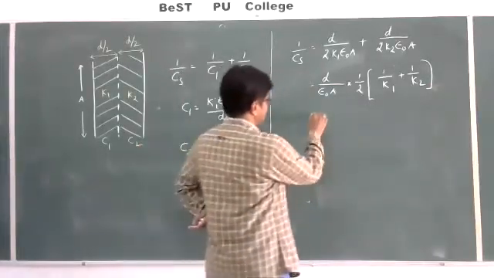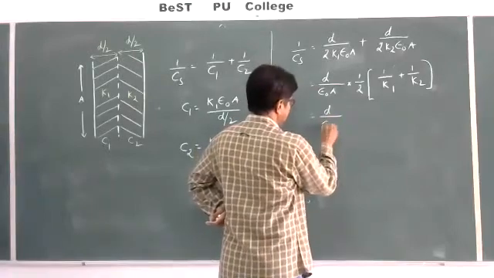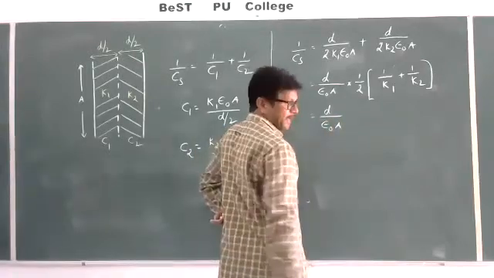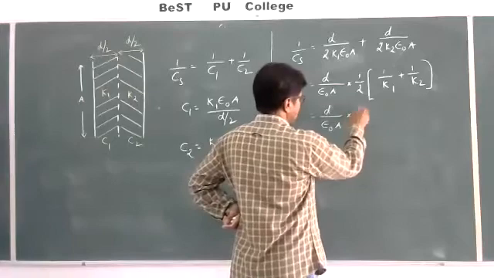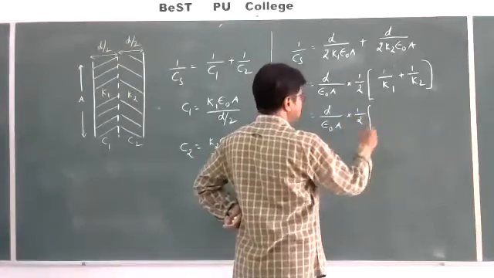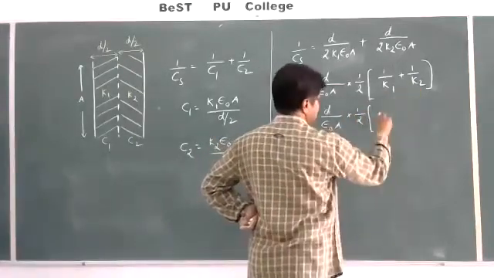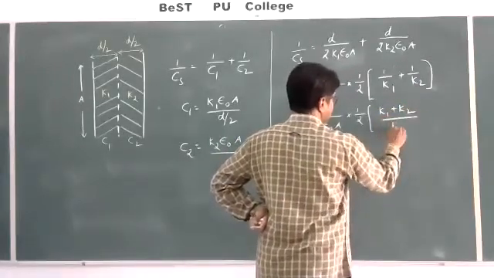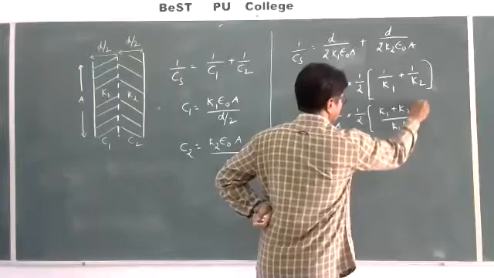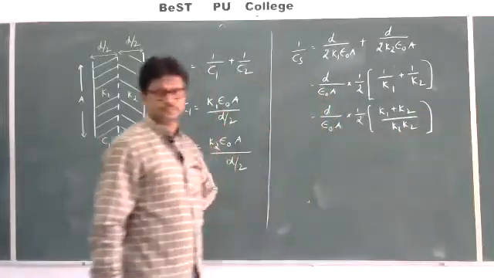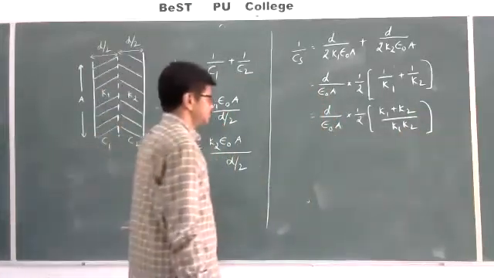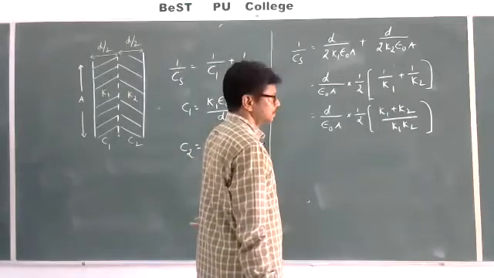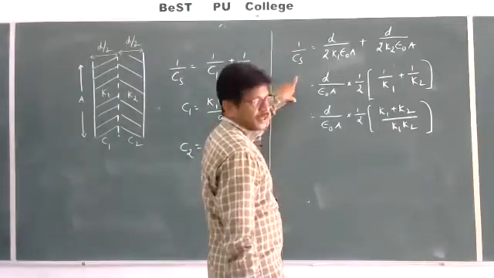If I take an LCM, d by epsilon naught A into 1 by 2, K1 K2 is the LCM. So we are going to have K1 plus K2 by K1 K2. So that is 1 by Cs value.